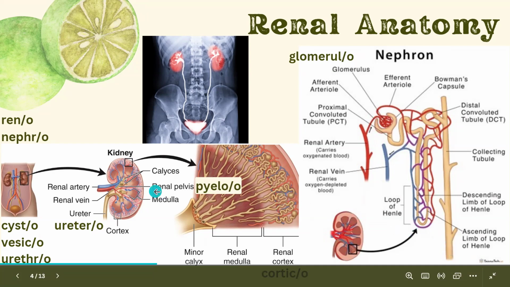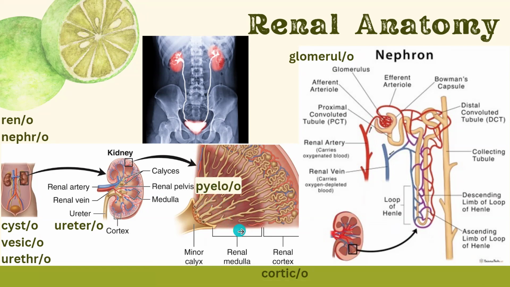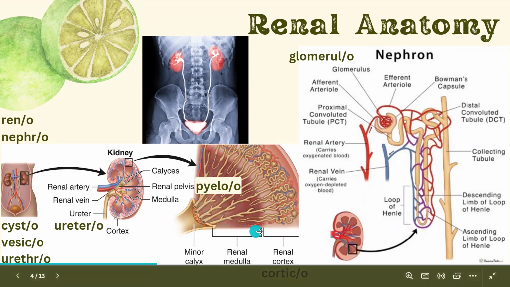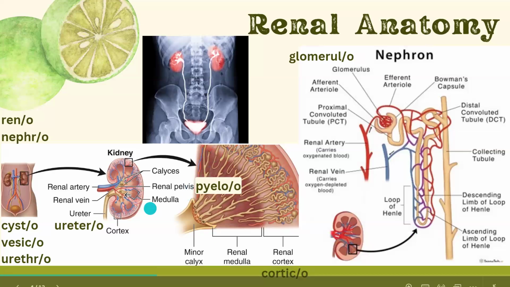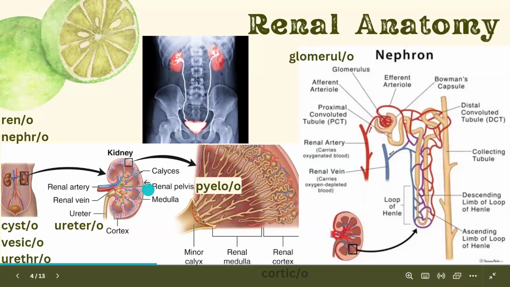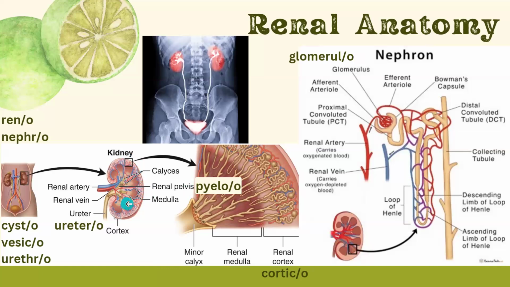So now we're going to go kind of back this way. So pyelo is our combining form for a renal pelvis. And so each part of our kidney has these segments, different segments of our renal pelvis.